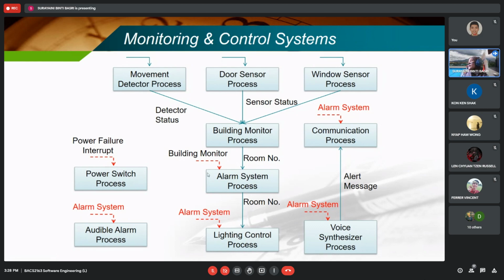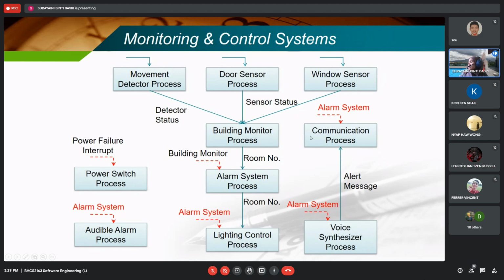This system, other than the lighting process, can also trigger the voice synthesizer process. This synthesizer process can give an alert message to the communication process.